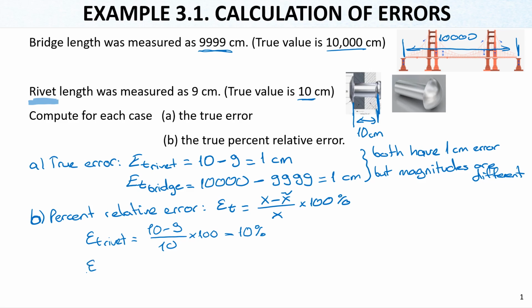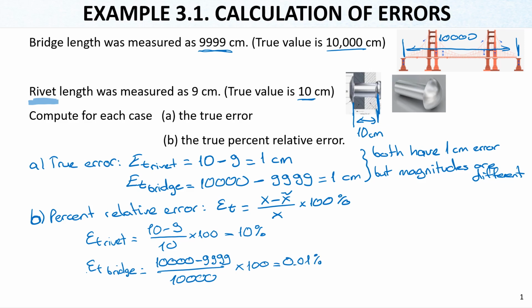And for the bridge, this is 10,000 minus 9,999 divided by 10,000 times 100, and this is equivalent to 0.01%.